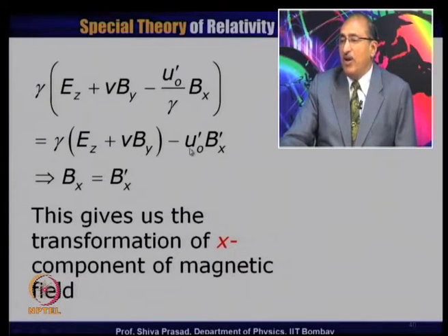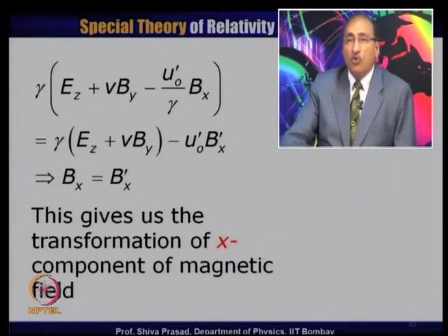On the right hand side, you will have minus U naught prime Bx prime. U naught prime and U naught prime will cancel. For these minus signs, you can always cancel. This gives me Bx is equal to Bx prime. So, like we had Ex is equal to Ex prime, I get Bx is equal to Bx prime.